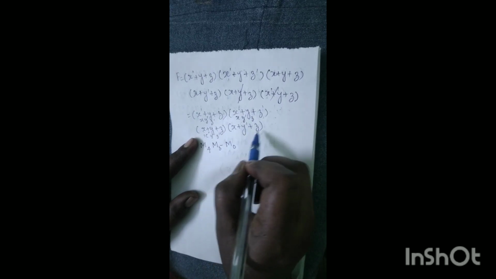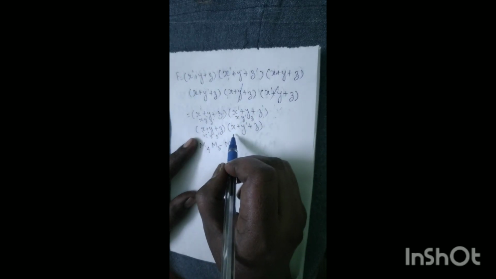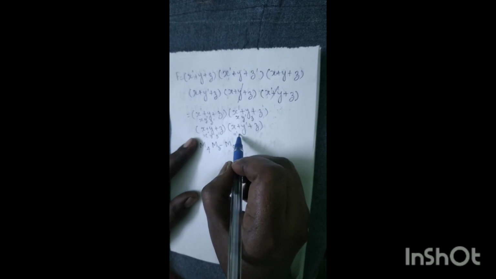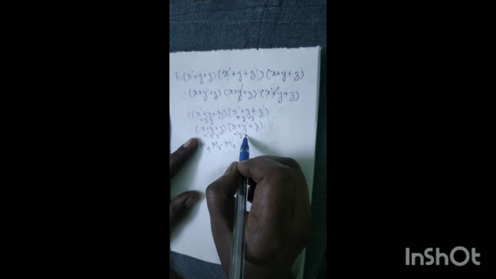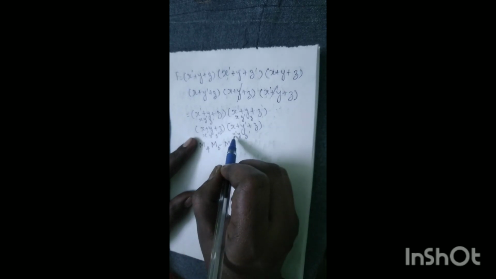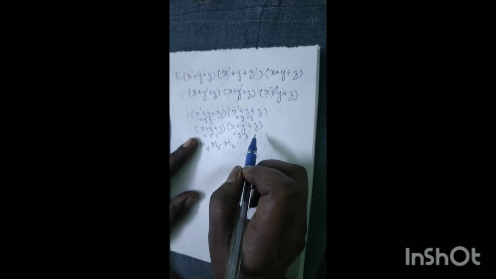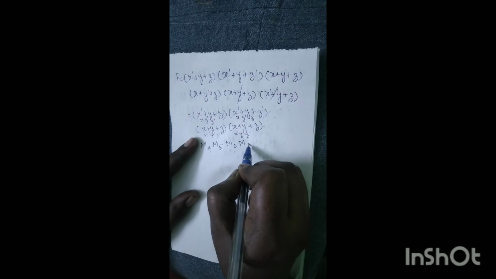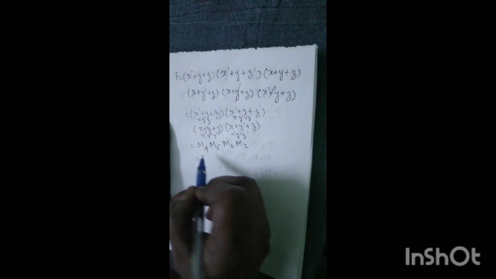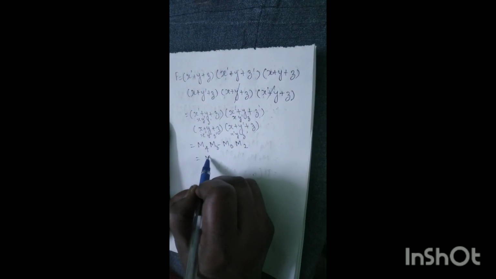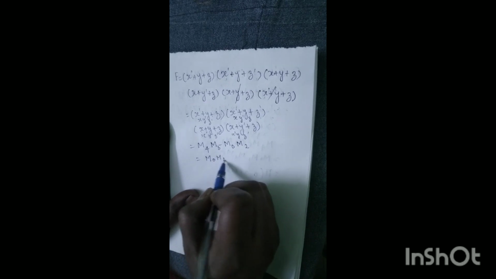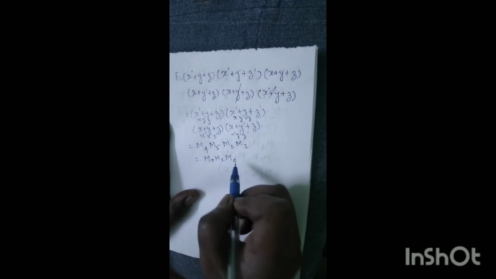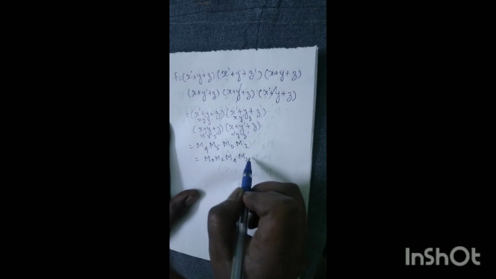Here, when we complement this max term, it becomes x dash dot y dot z dash. 0, 1, 0. 0, 1, 0 means 2. So we write it as M2. We rearrange it in ascending order: M0, M2, M4 and M5.